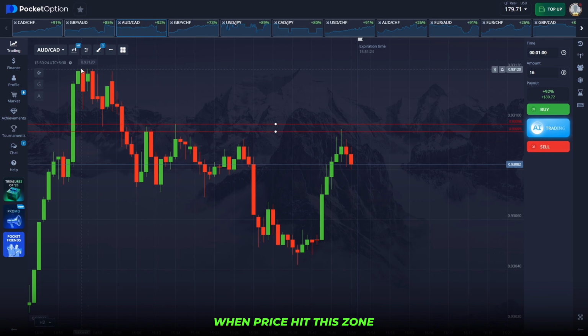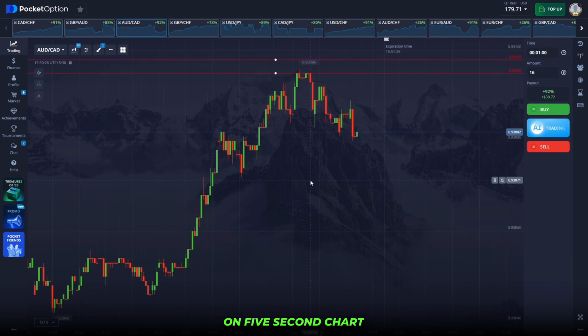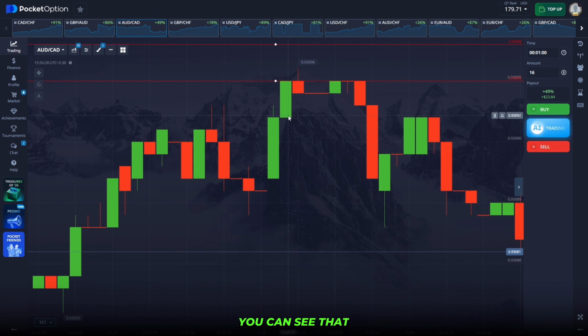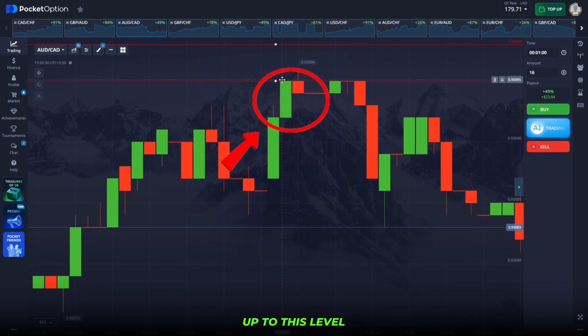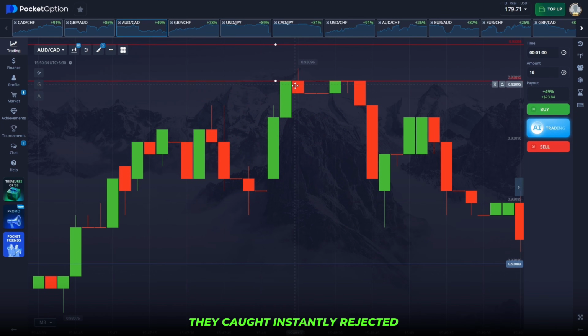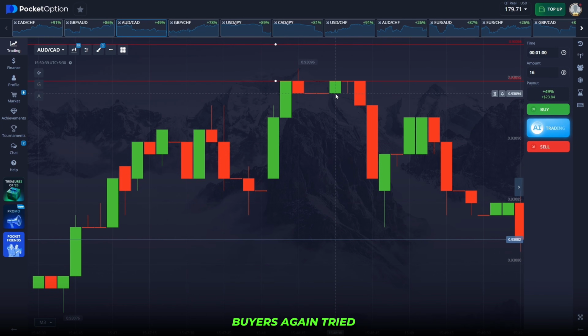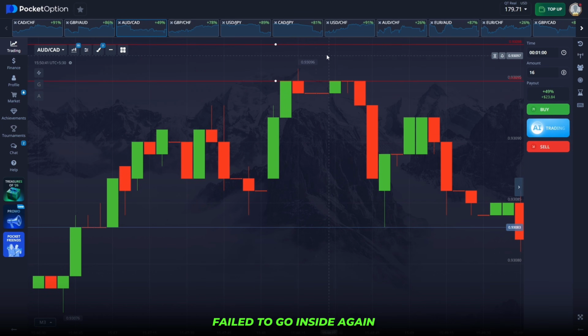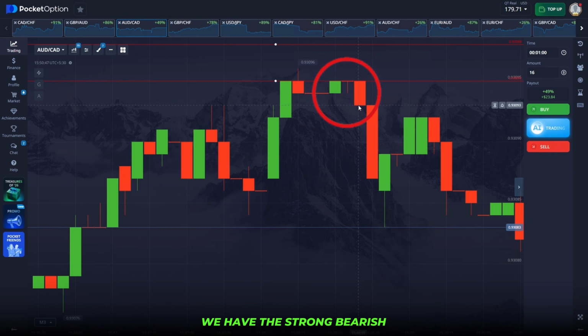When price hit this zone on the 5-second chart, you can see that the buyers pushed the price up to this level and then they failed to break in. They got instantly rejected. No buying activity here, no buying activity here. Buyers again tried, failed to go inside. Again, no buying activity, and suddenly we have the strong bearish candle.